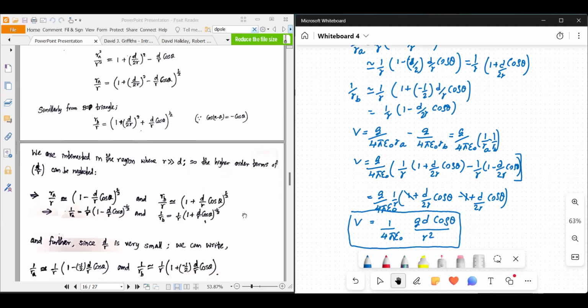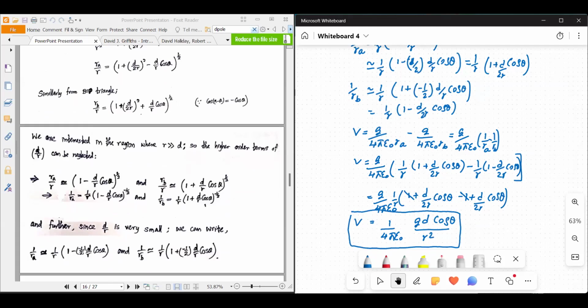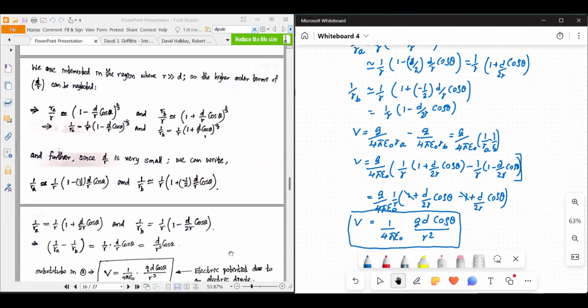Then by considering the Taylor expansion, we further simplified this into this form. 1 over Ra is approximately equal to 1 over R times 1 minus half times d over R cos theta, and 1 over Rb is approximately equal to 1 over R times 1 plus half times d cos theta over R. And then we calculated 1 over Ra minus 1 over Rb.